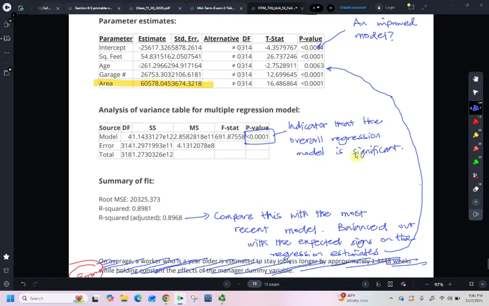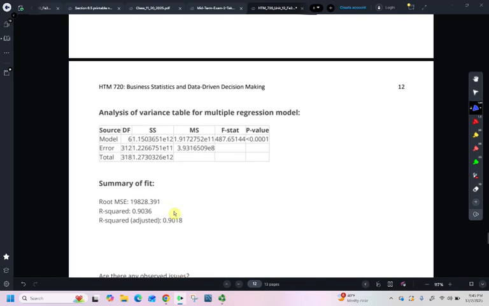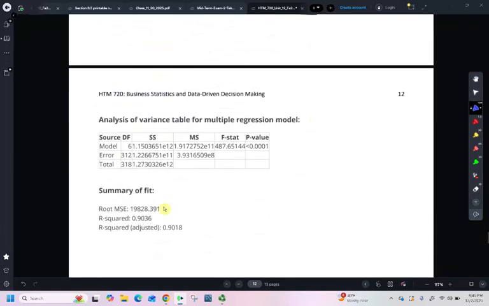Then, if you remember, we talked about the R-square adjusted being a very useful metric for comparing two models. I have 0.89. That is not extremely lower than what I had before here. This was 0.90, 90%, 89%.